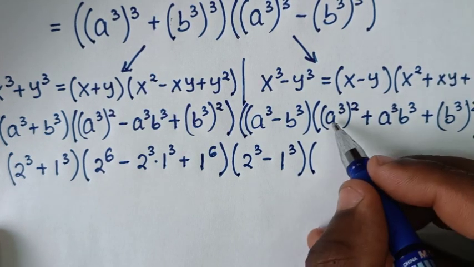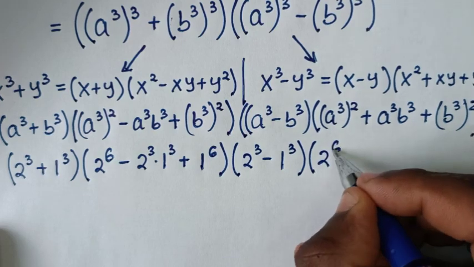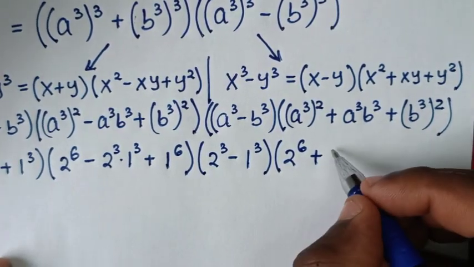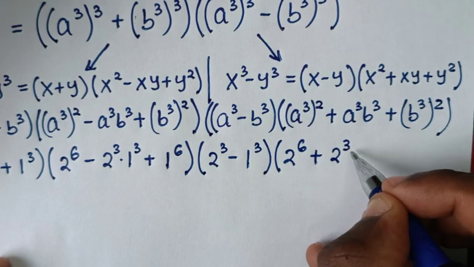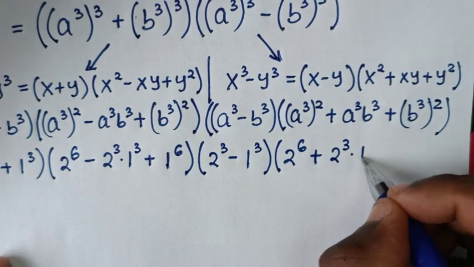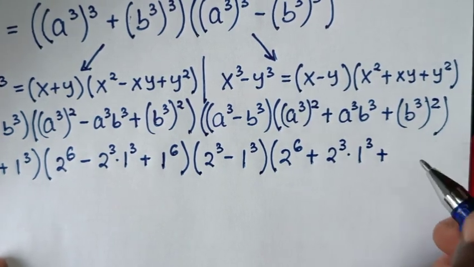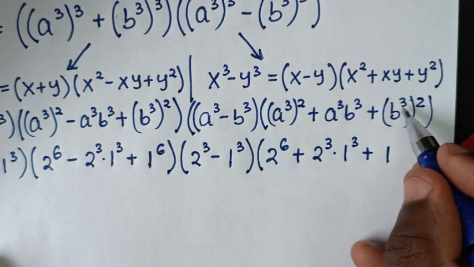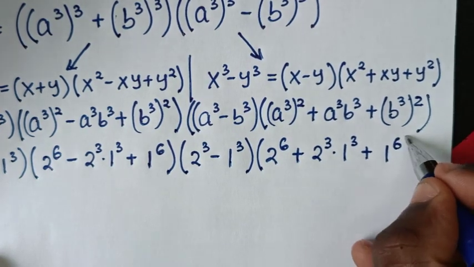Then a^3 squared is power of 6, so a is 2, so it will be 2^6, then plus a is 2, so 2^3 times b is 1, so 1^3, then plus b is 1, so 1^3 squared is power of 6, bracket.